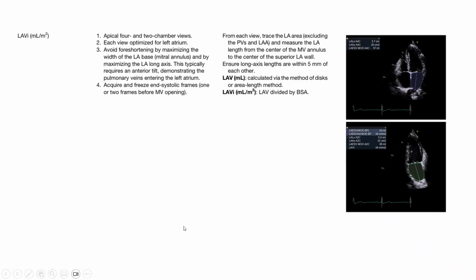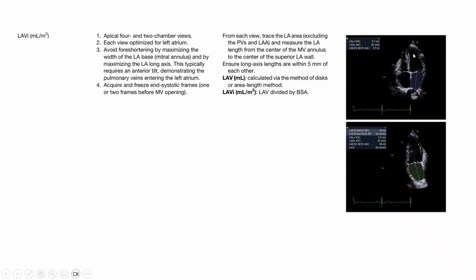Now, how do we measure LA volume? We measure LA volume in two views, the apical 4-chamber and apical 2-chamber views. In end systole when LA is largest, and typically we have to open the LA well, avoid foreshortening.